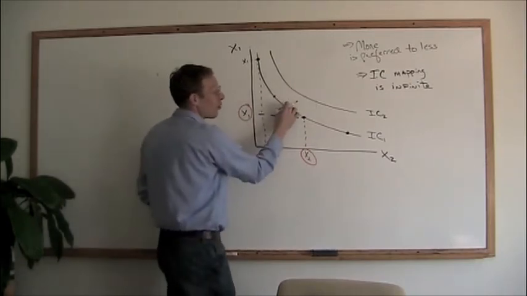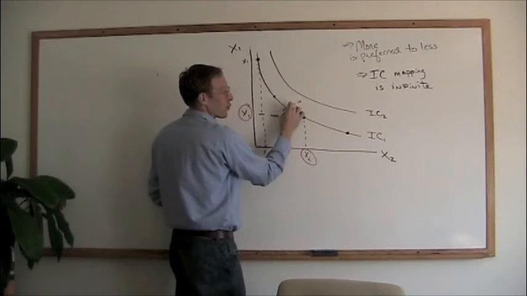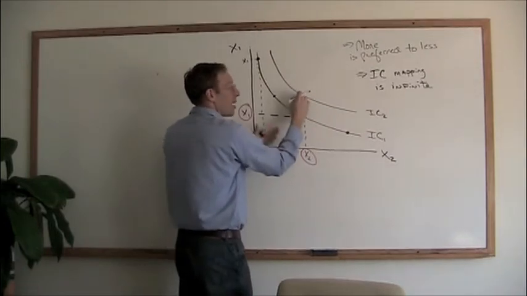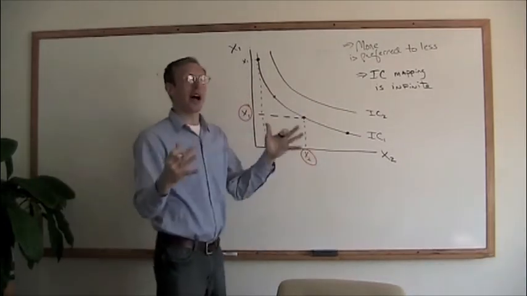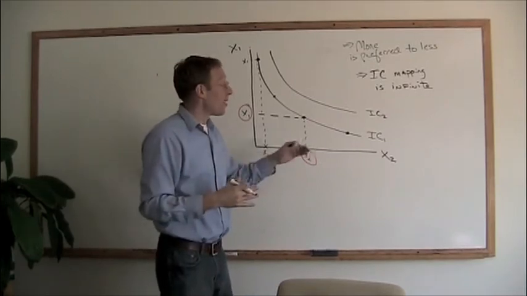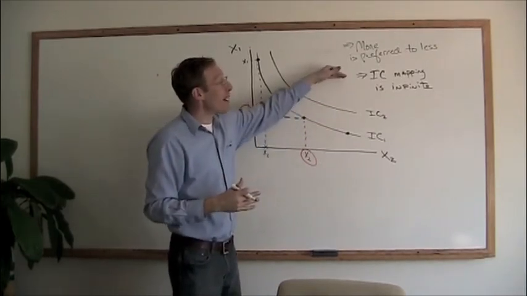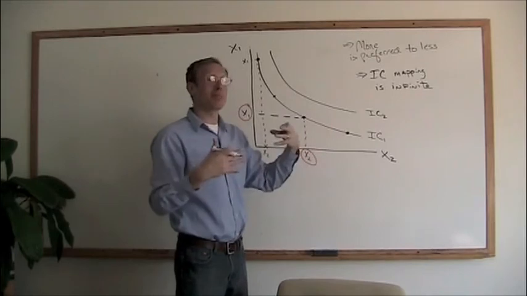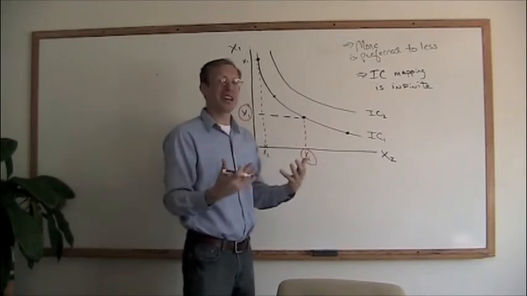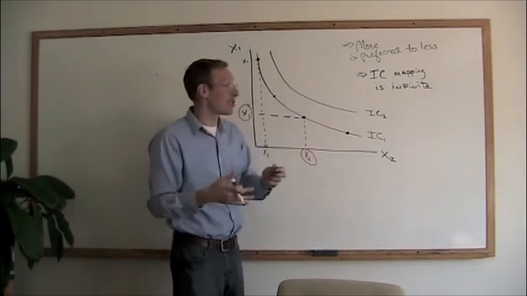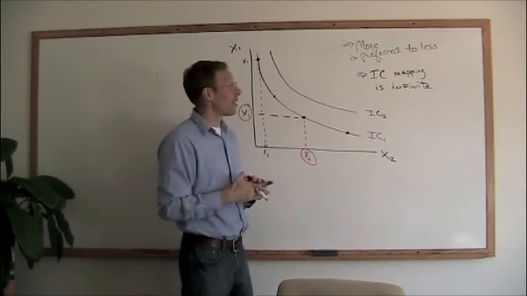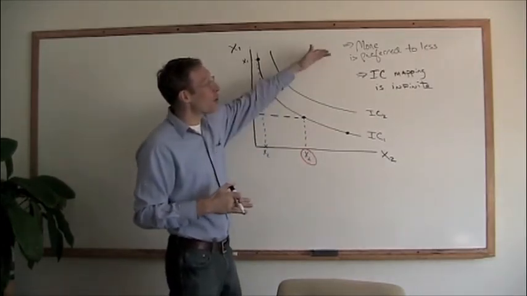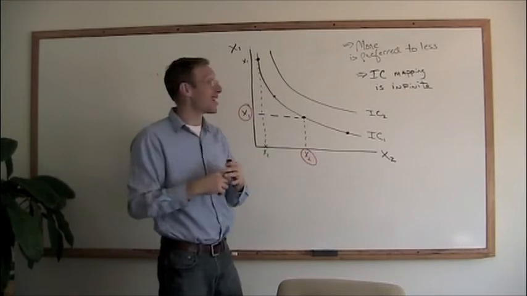And I can draw one that's just a millimeter away from this one, and a millimeter away from this one, and progressively fill the board with all kinds of indifference curves. Indifference curve mapping, in other words, is infinite. There can be an infinite number, or billions and trillions and gazillions of indifference curves. That's our second assumption. So more is preferred to less. Indifference curve mapping is infinite.